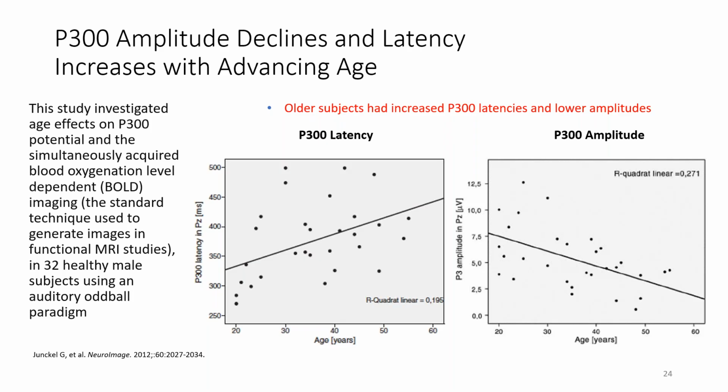Chronicity is just your age. But if you have pathology, then the latency could become quite long. You could have a P300 that's, say, 700 milliseconds or non-existent. That would be pathologic. The amplitude also is a marker that declines with age. It gets lower amplitude.